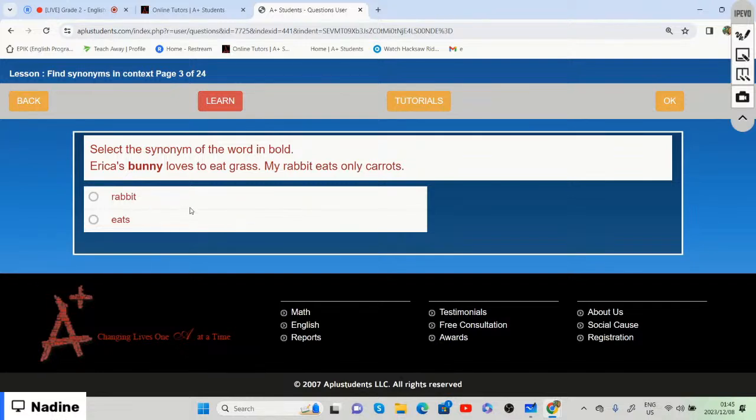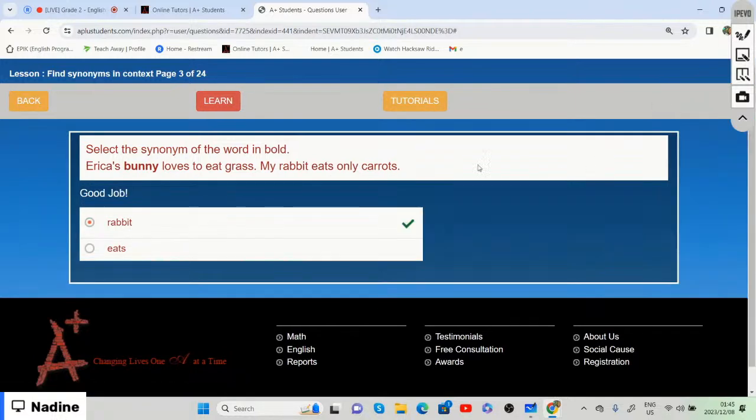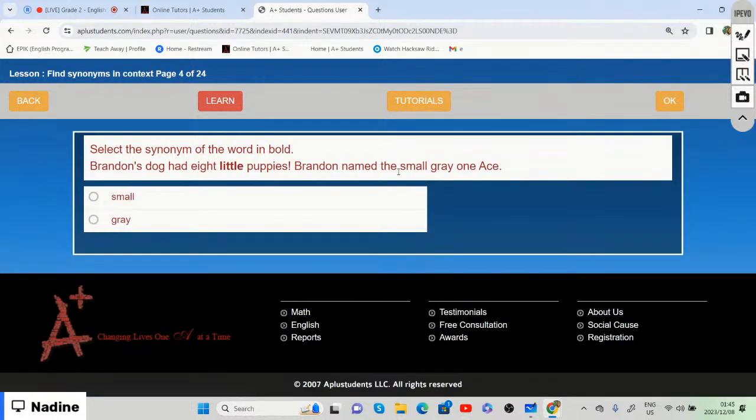The word that is similar to bunny is rabbit. So number one is correct. Well done.